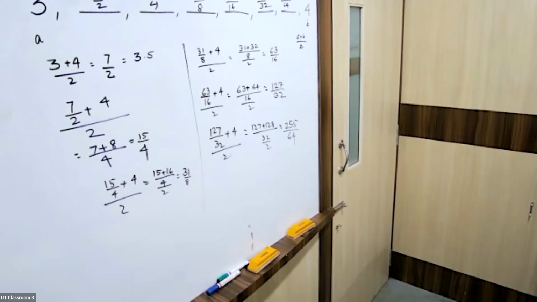What is the value of root 3 actually? It is 1.732. You will learn later on when you do the division. So this is 3.732, which comes between 3 and 4. I'll give you the logic of it.